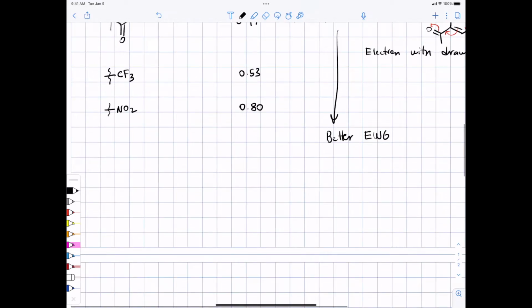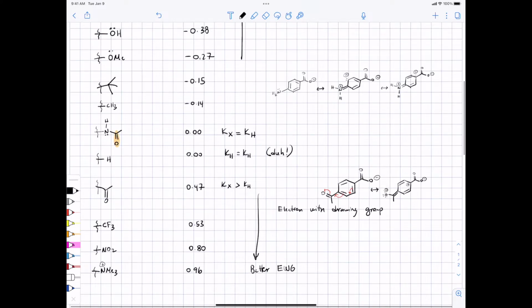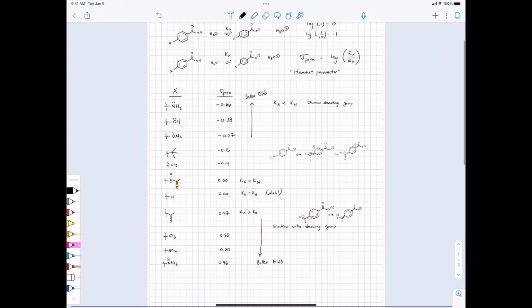And then one of the best electron withdrawing groups is the trimethylammonium group, where all you've got is the electron deficiency of that nitrogen. There's no lone pair adjacent to the atom to donate into the ring, and that is a very effective electron withdrawing group. Okay, so with this in mind, based on this benzoic acid reference reaction, we have some parameters that describe the ability of a substituent to be an electron donating versus withdrawing group.